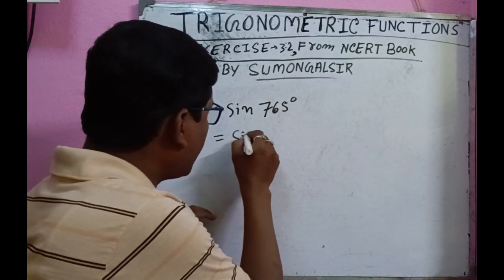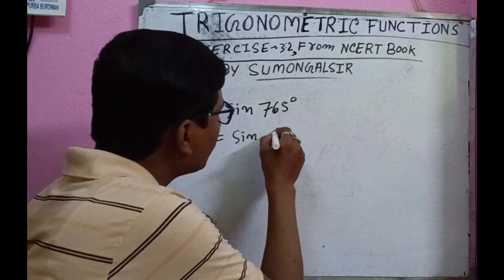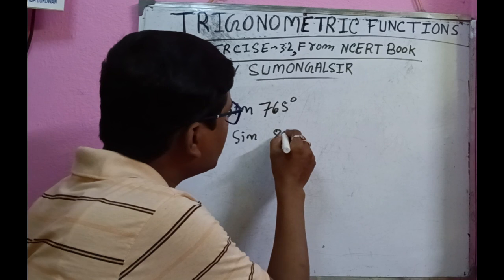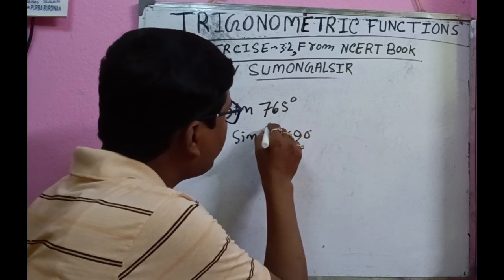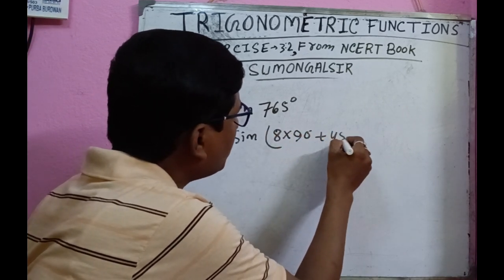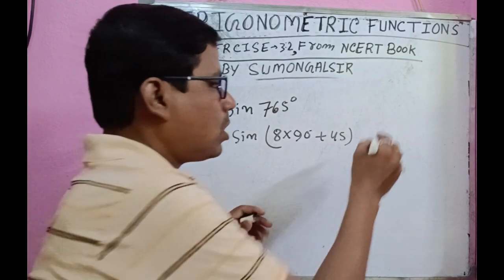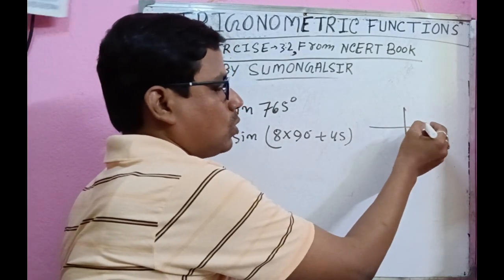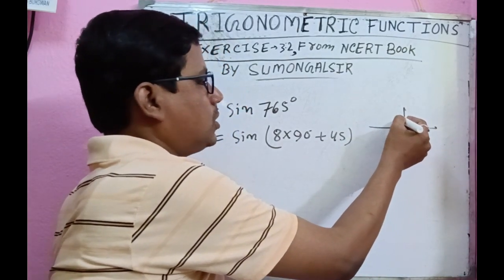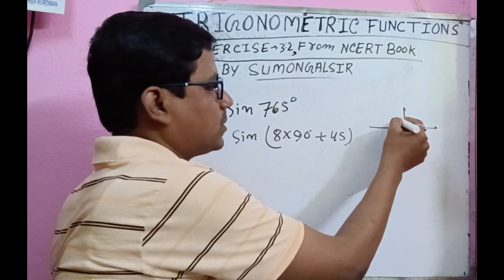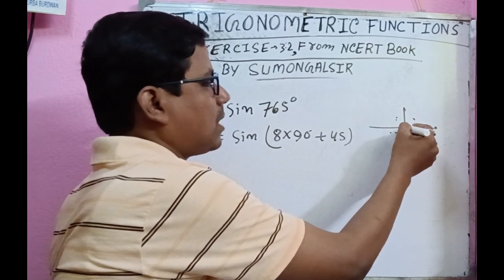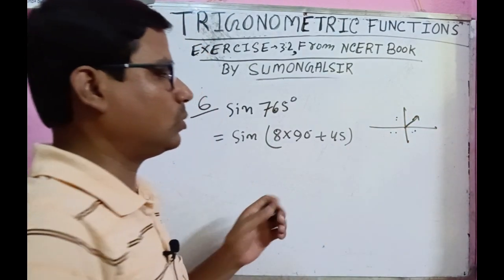Now sine of 8 into 90 plus 45. So this is quadrant 1, 2, 3, 4, 5, 6, 7, 8 plus something. So this is the room.